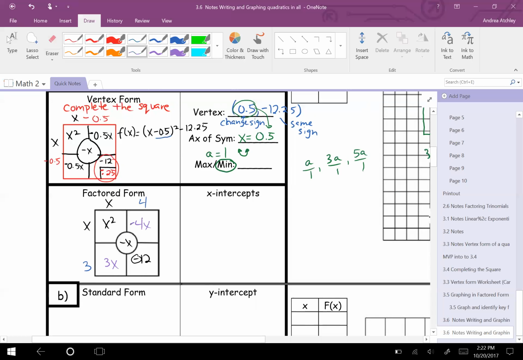Okay, the 4 needs to be negative. That means this 4 is negative and this 3 is positive. One of them needs to be negative to get a negative x. The 4 is bigger, so I need it to be negative. So factored form is f of x equals x minus 4 times x plus 3. That's my factored form.